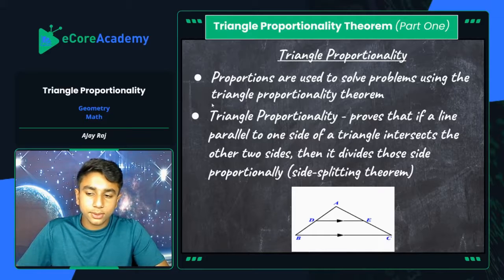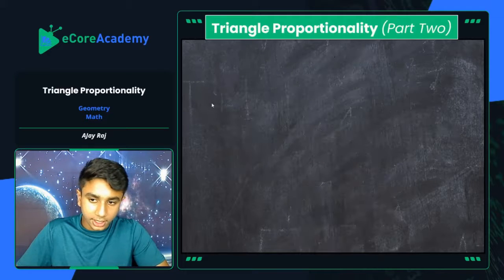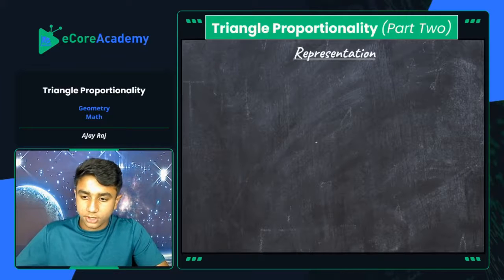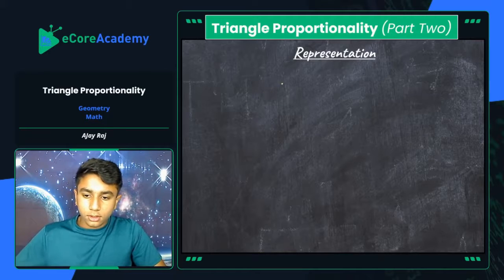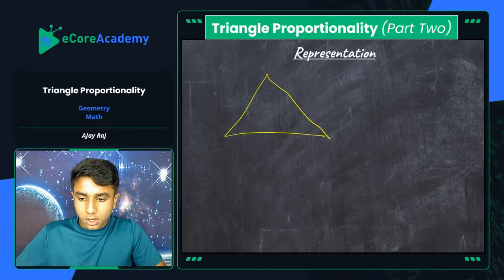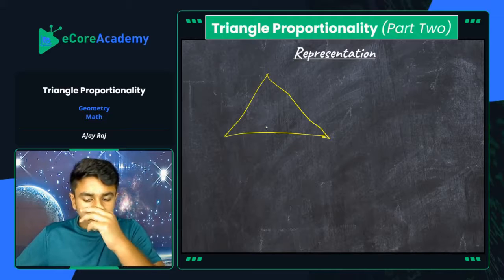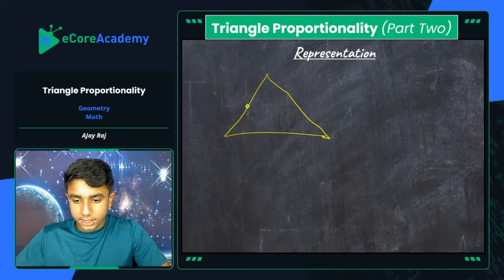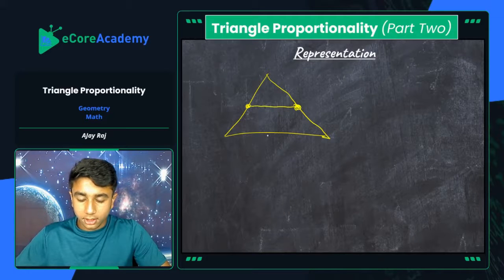I'll show you exactly what the triangle proportionality theorem looks like here. In an example, what are some of its properties? So let's look at its representation. I'll draw this out for you. If we're given a regular triangle shown here, and we create a midsegment of this triangle, let's estimate the midsegment to be approximately here, and it is parallel to this base here.